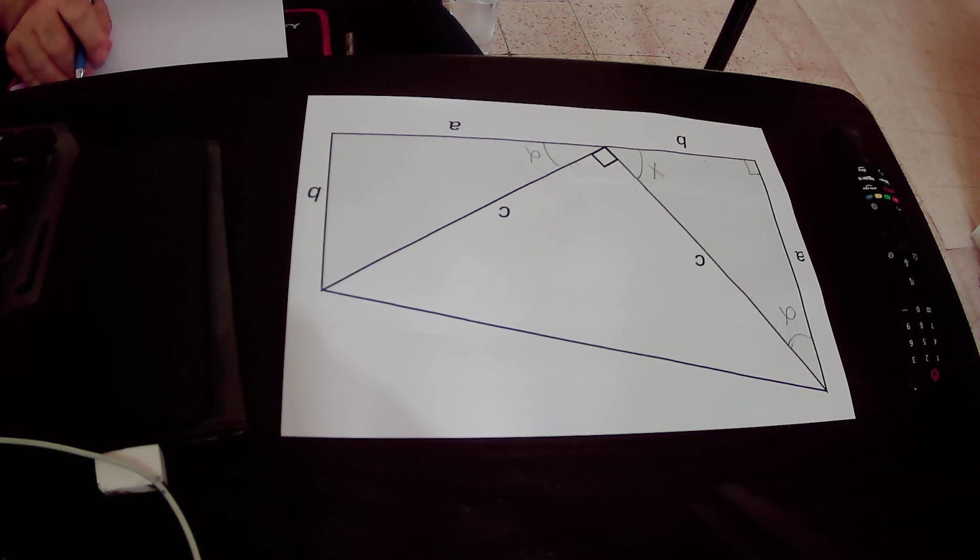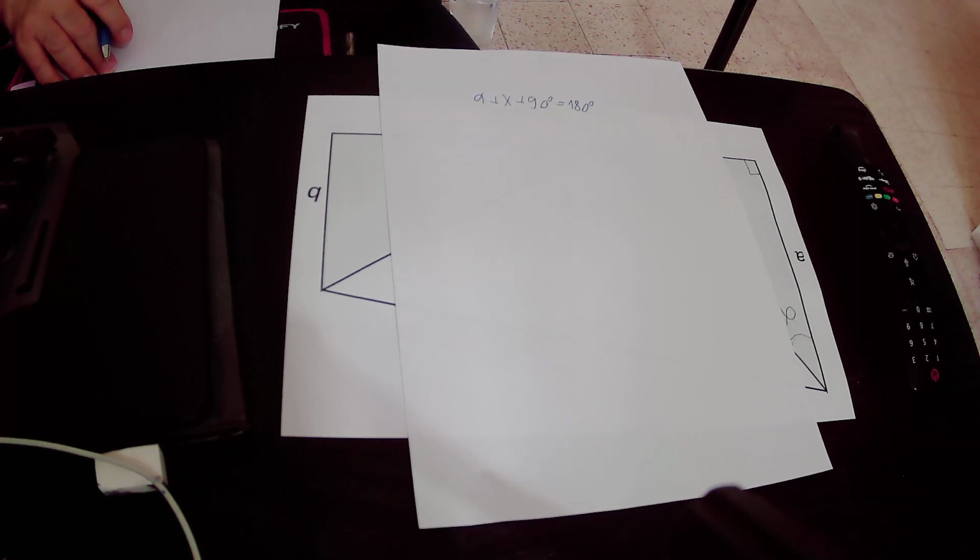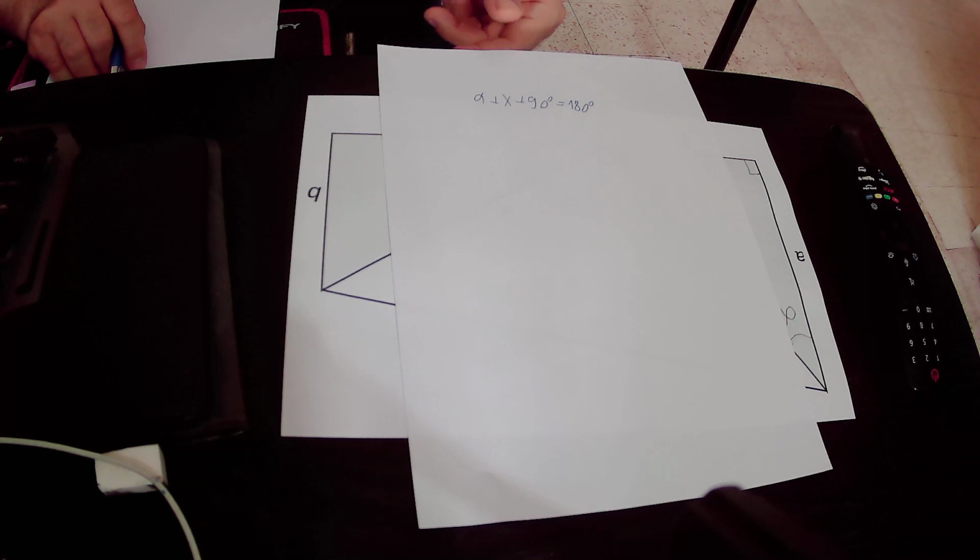It is correct for every triangle in the world. The sum of its three angles must be 180 degrees. So alpha plus x plus 90 degrees is equal to 180 degrees.